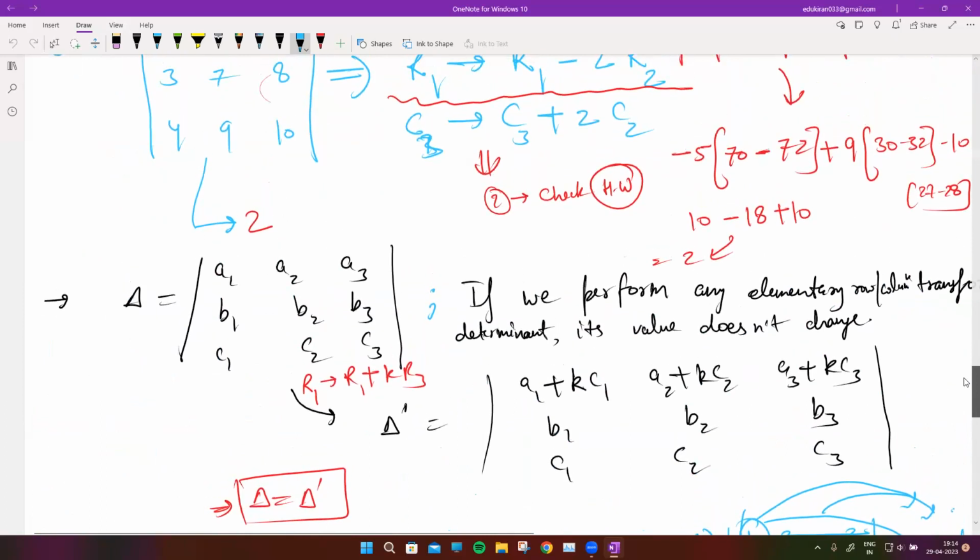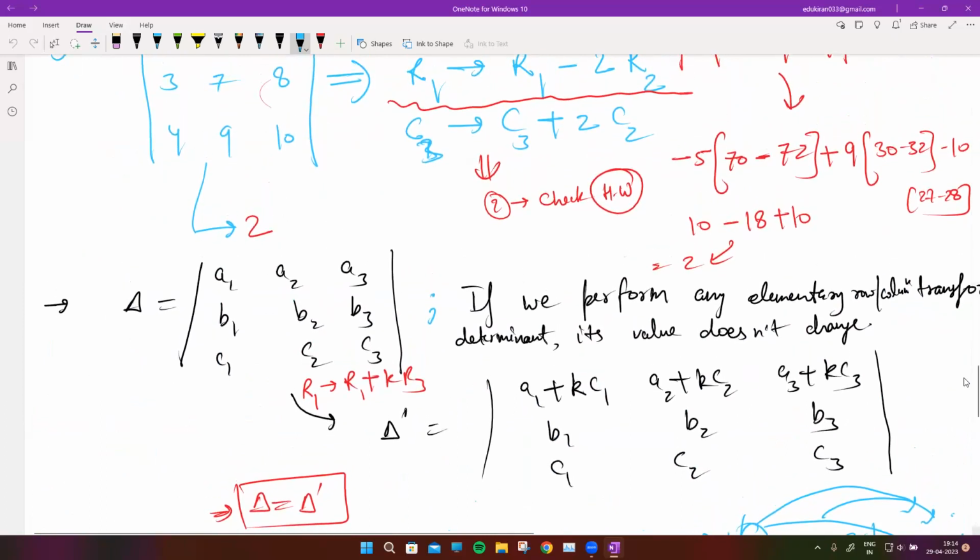See here. If there's a determinant and we are applying any row transformation or any column transformation, then the value doesn't change. And the explanation you can understand from here only. Let's say you have applied this transformation and the determinant changes to this, right?